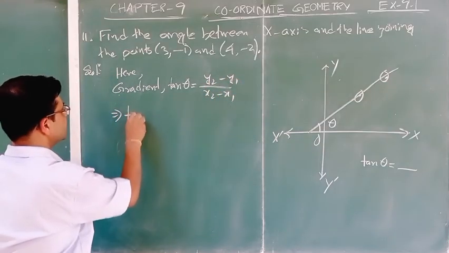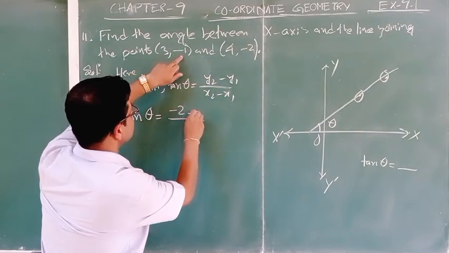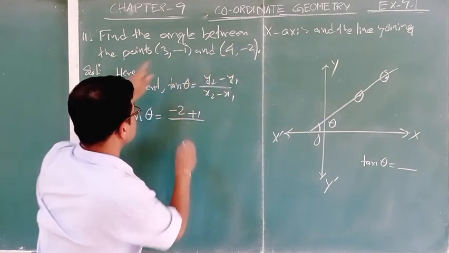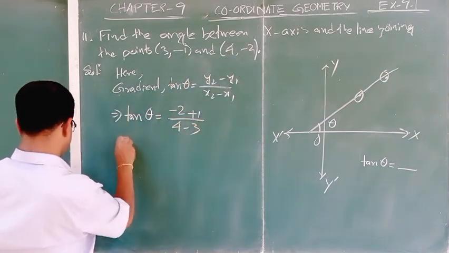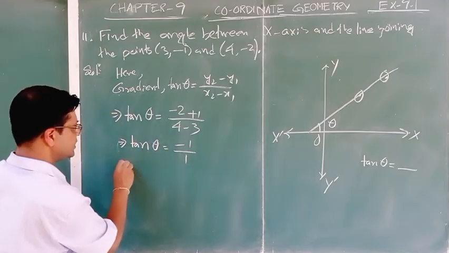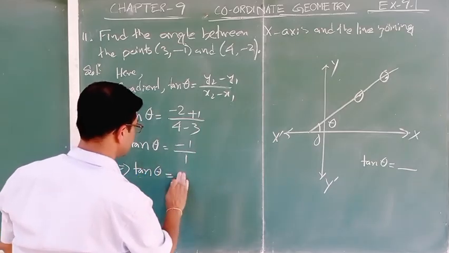That means tan theta is 2 minus of minus 1, plus 1, over 4 minus 3. So that is tan theta. This is minus 1 over 1. So tan theta is minus 1.